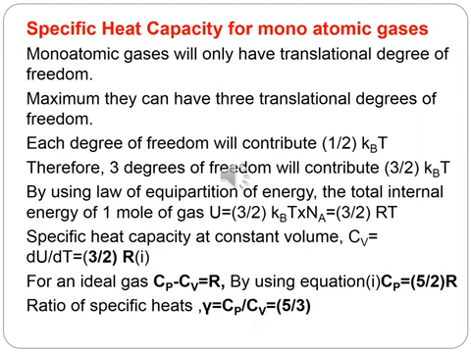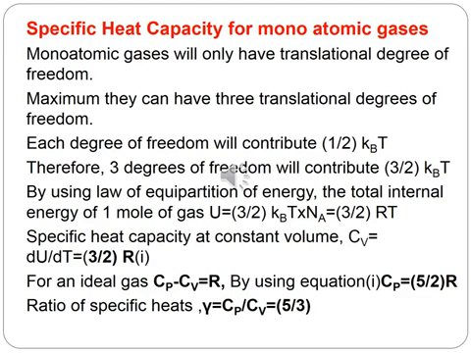Then the expression will become U is equal to 3/2 kBT into Na, is equal to 3/2 RT, since the ideal gas equation PV is equal to RT, is equal to Na kBT for 1 mole of gas molecules. Here nu is equal to 1.